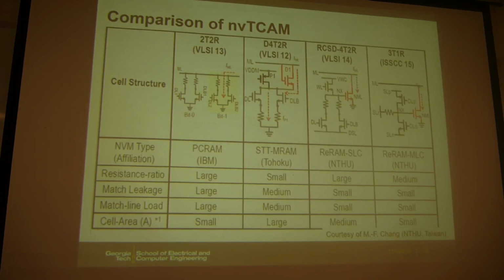And again, there are many possible designs for this non-volatile TCAM. There are many proposals by different groups with different technologies. Some of them are using phase change, some are using STT-MRAM, and some are using RRAM. And there are pros and cons for each of the designs as listed here. I will not go into the details. But I would say that for TCAM applications, you don't need to write the TCAM cell very often.